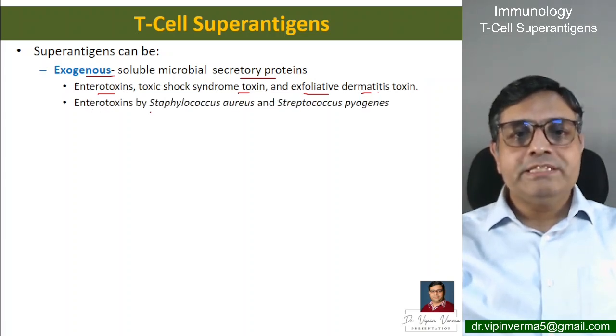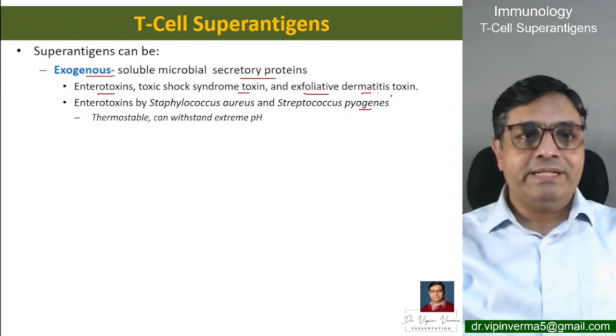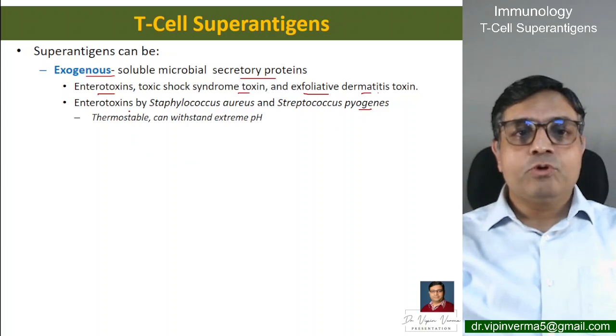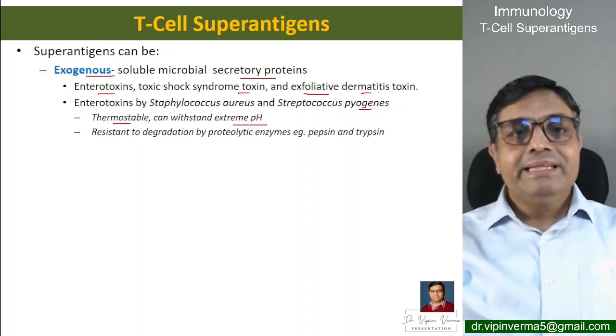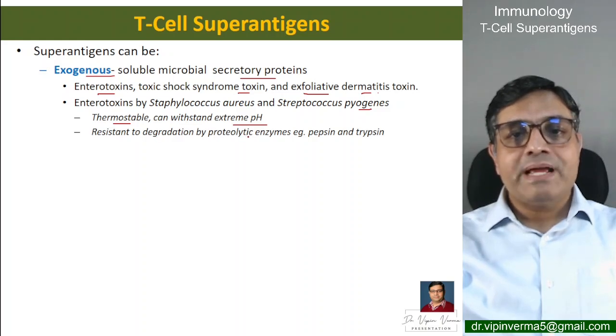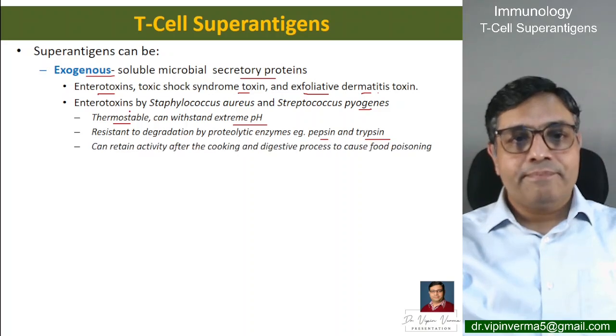Now, enterotoxins by Staphylococcus aureus and Streptococcus pyogenes are very much studied. So these enterotoxins are thermostable, all right, and they can also withstand extreme pH. Okay, they are resistant to degradation by proteolytic enzymes, for example, pepsin and trypsin. So you can see how resistant these enterotoxins are.